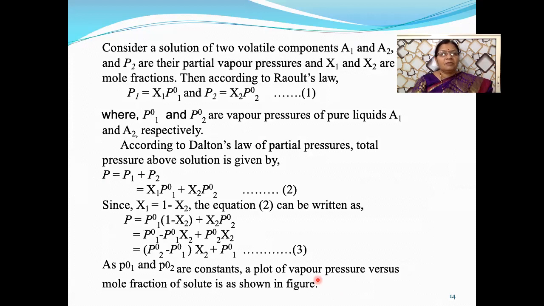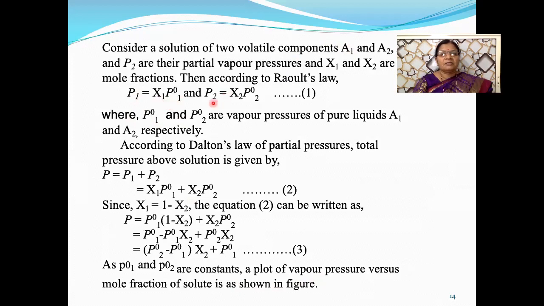Now, according to Raoult's law, we can write the partial vapor pressure of the volatile component A1, the first component, as P1 equal to the product of the vapor pressure of the pure component and its mole fraction, P1 = X1 P01.